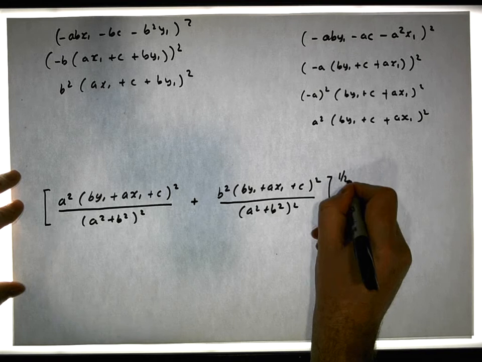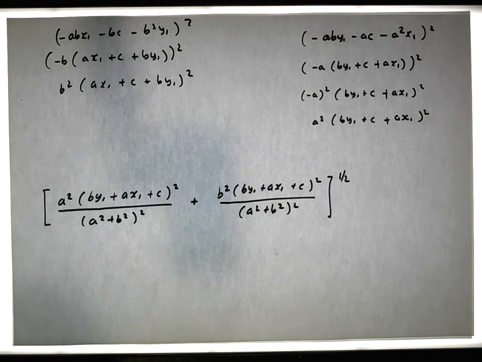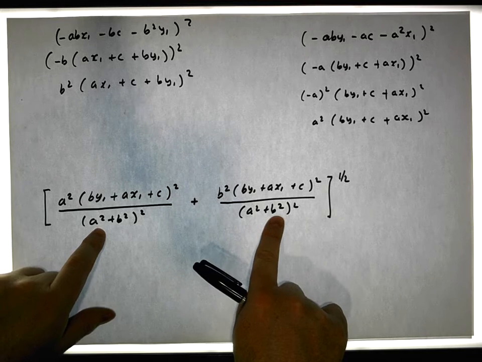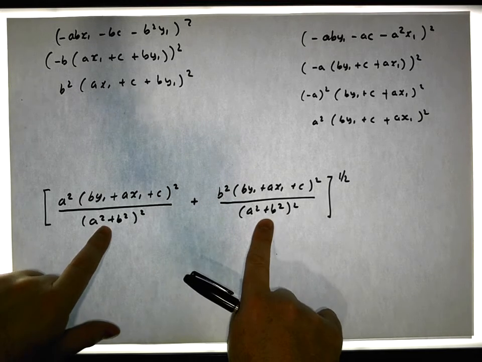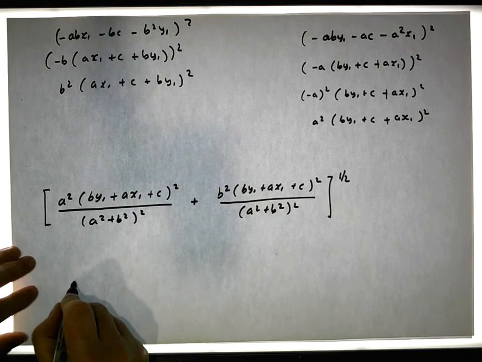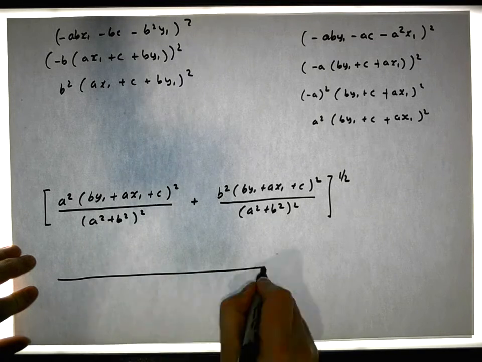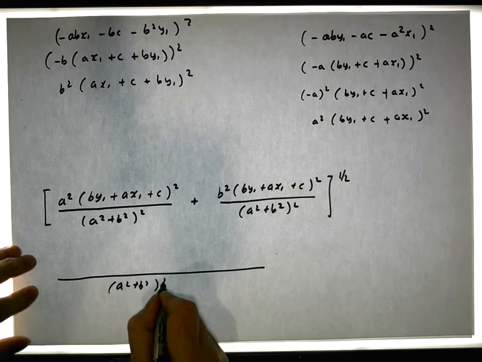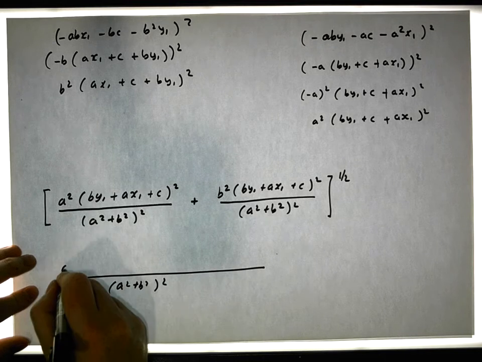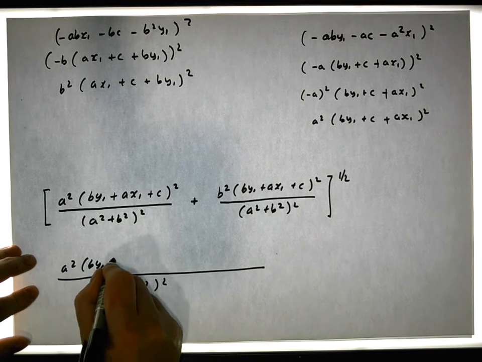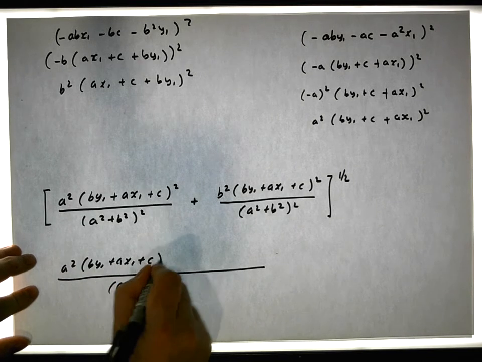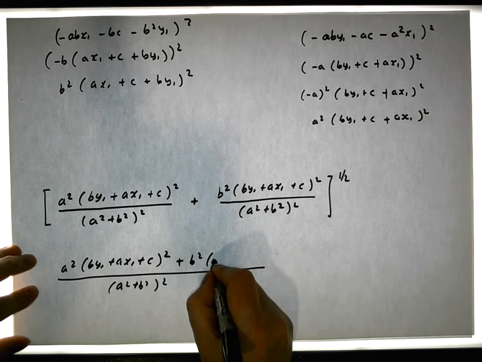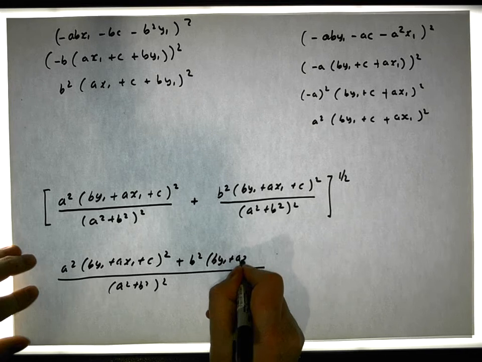We're nearly there, okay? We could add these two things together, yes, same fractional amounts, so this becomes all over a squared plus b squared, to be squared, okay? That goes into that once, which gives us a squared times by1 plus ax1 plus c to be squared, plus that goes into it once, so it's plus b squared times by1 plus ax1 plus c to be squared.